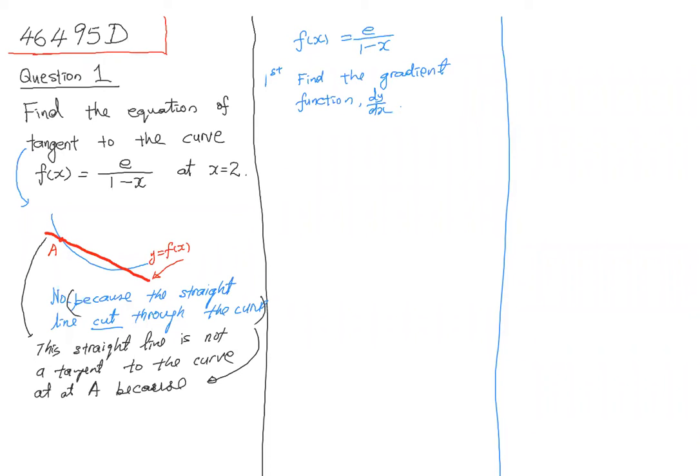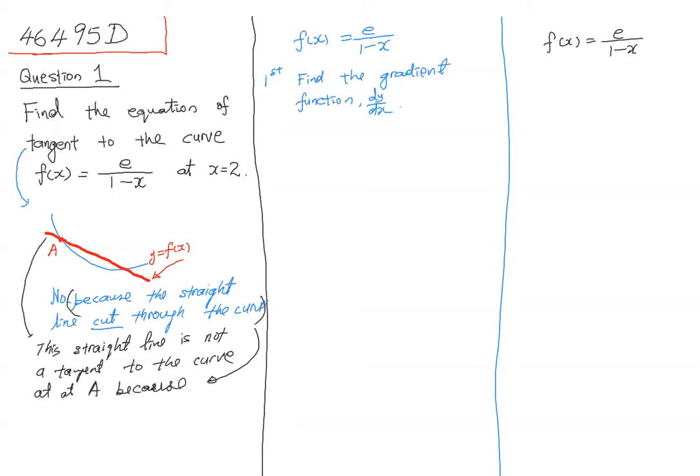So the moment the question says I want to find the equation of tangent, straight away you write down your f(x) equals e over 1 minus x. Now, Zafan, you are asking why must I differentiate?